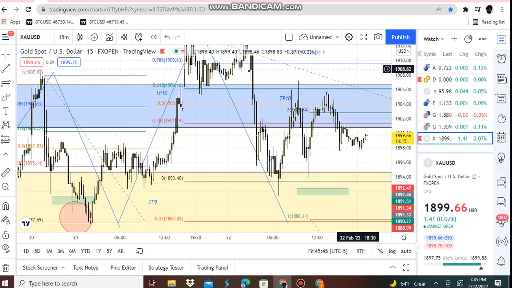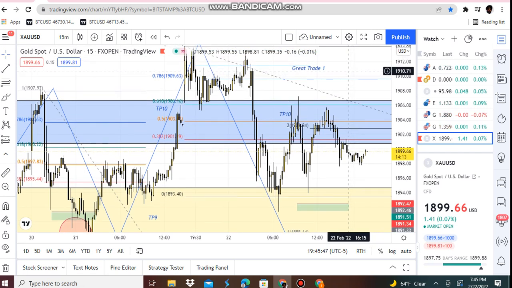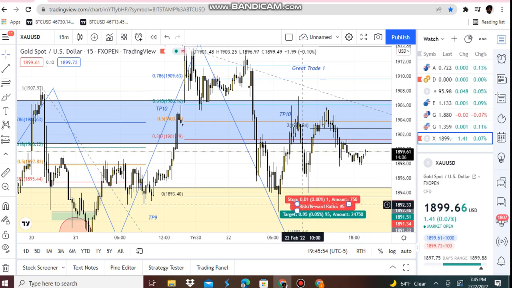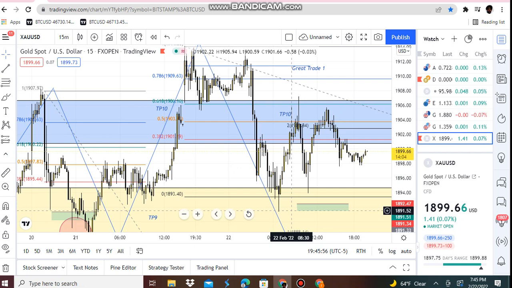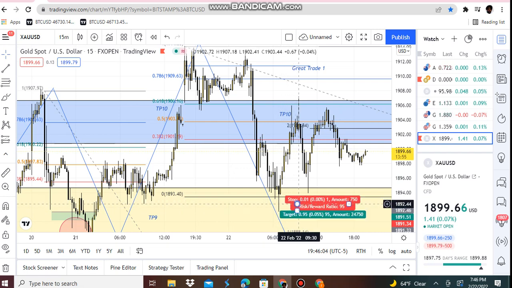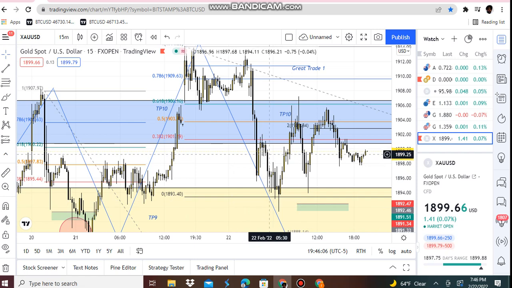All of this was our profit from Great Trade One, from 1911, February 22, 2022, all the way down to 1891. Price starts to head back up. We see this hammer pattern, and price heads back up. Boom, hits our stop loss at 1892, and we took profit.